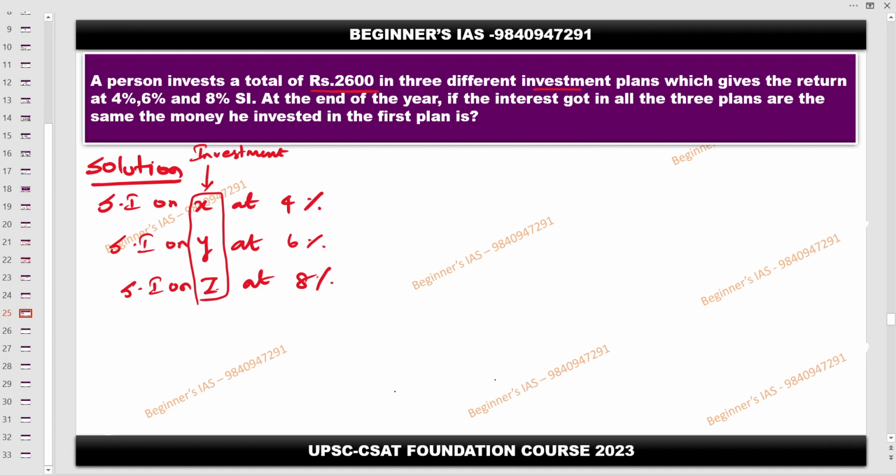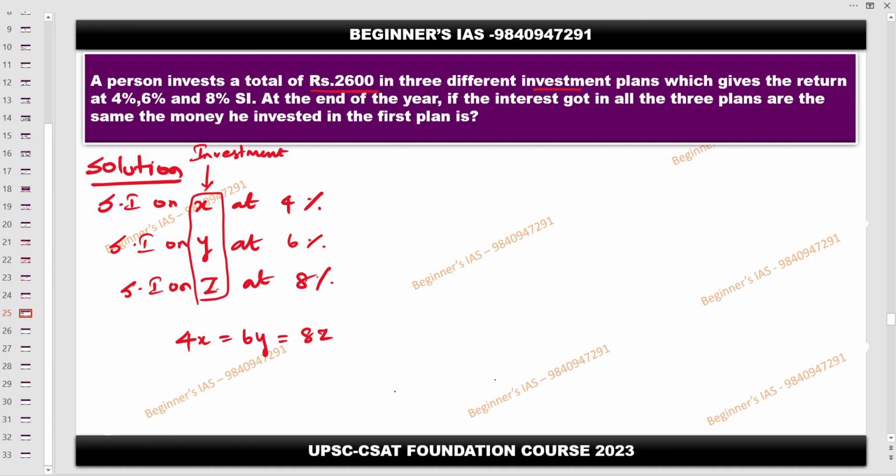But the one condition provided here is that at the end of the year, the interest got in all the 3 plans is the same, which means that 4% of this much amount is equal to 6% of this much amount, which is equal to 8% of this much amount. All are equal.